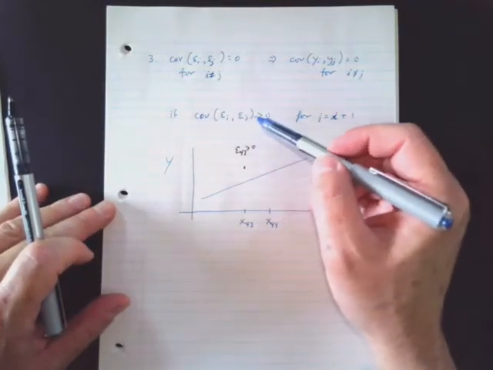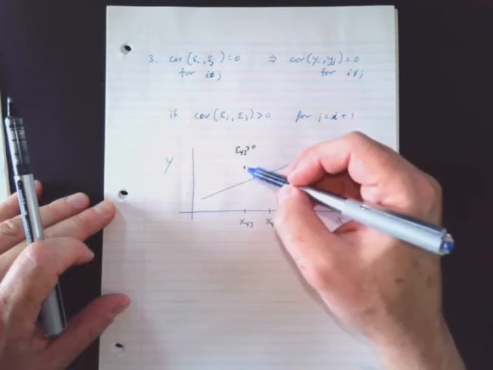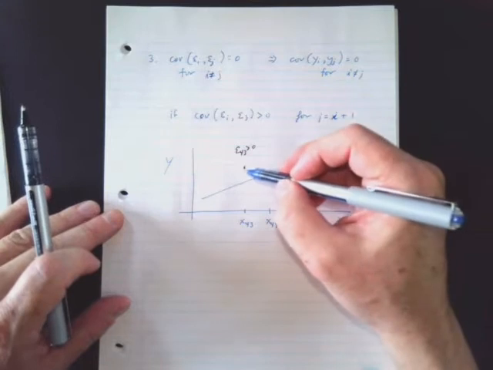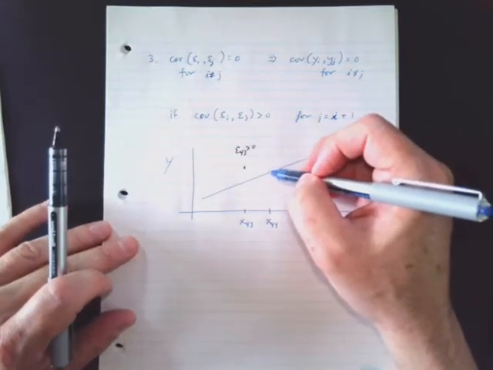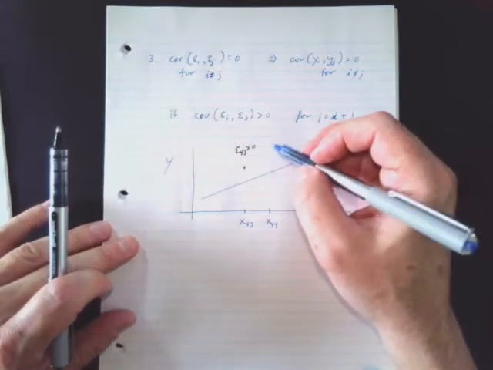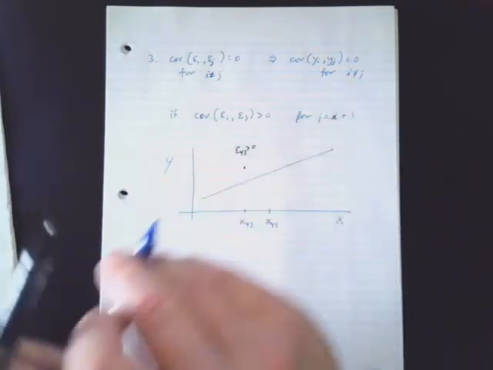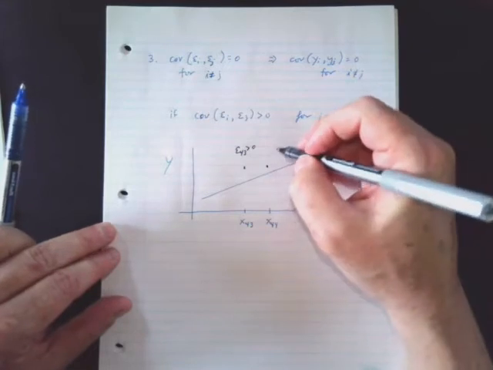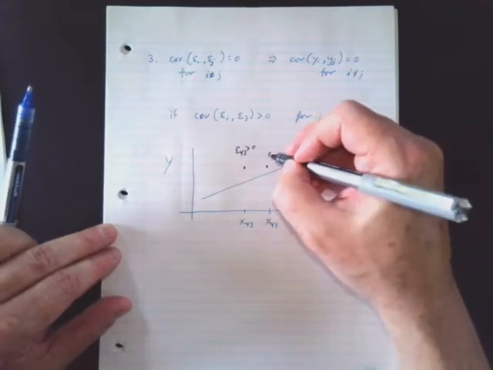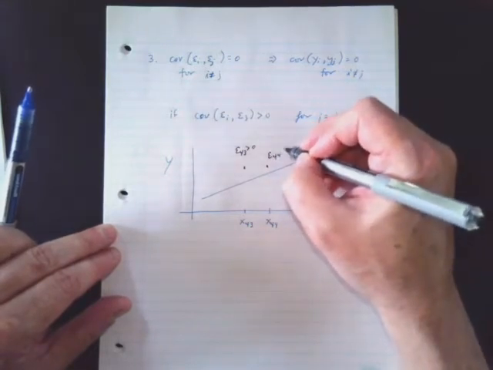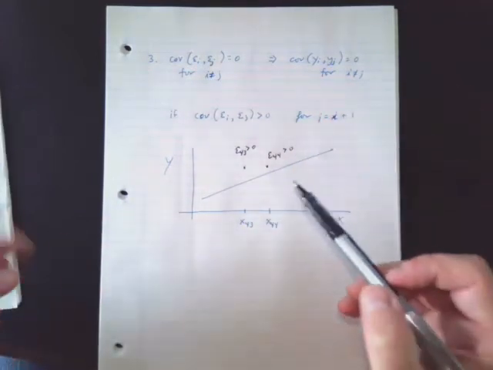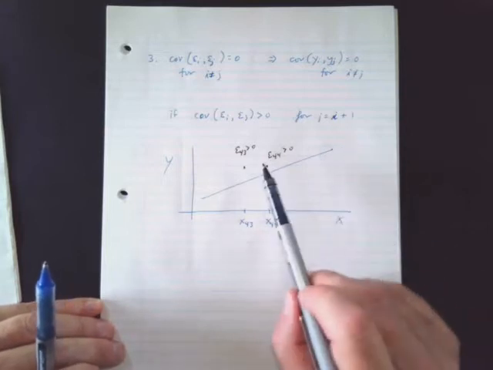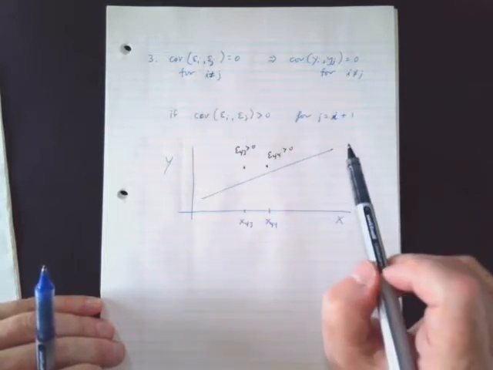If this covariance is positive, then that means we can predict at least part of this error term as we move forward in the sample. It might be smaller, might be a little larger, but it means that there's a portion of this error term which we could potentially figure out and estimate. And that means our regression model isn't complete.